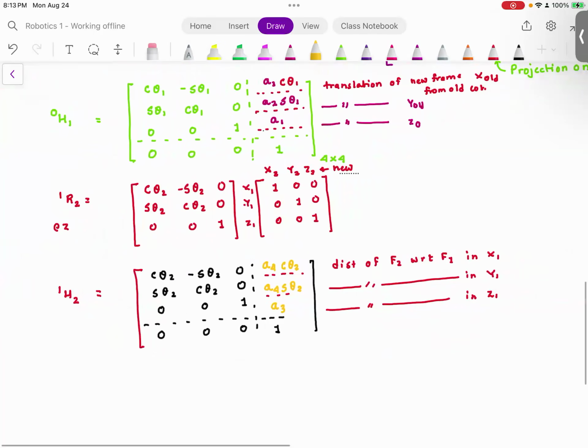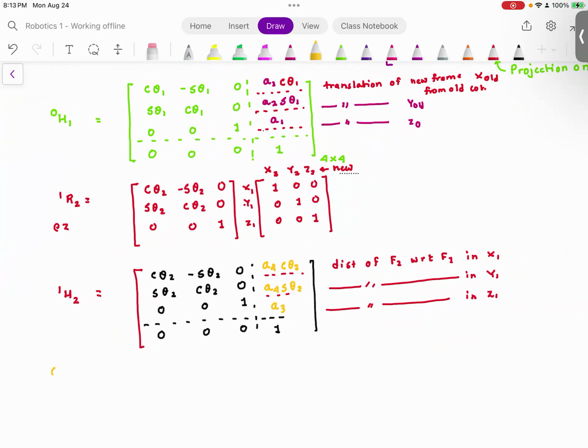Okay, guys, you did all the hard work. Now, how do we solve the forward kinematics problem? Where are we? We are at 0 position. Where do you want to go? To frame 2.